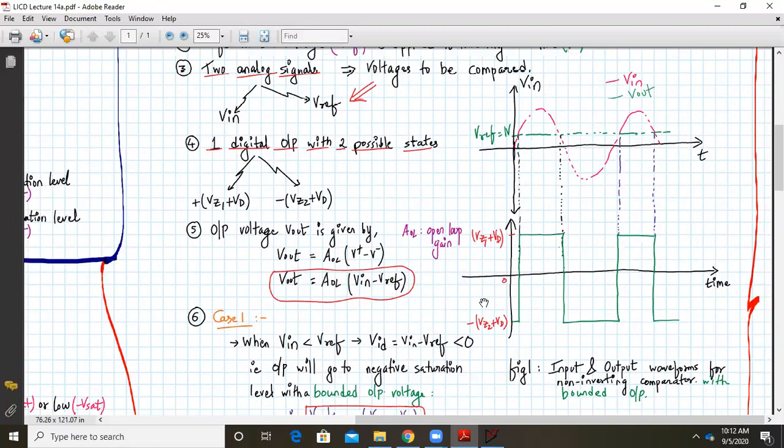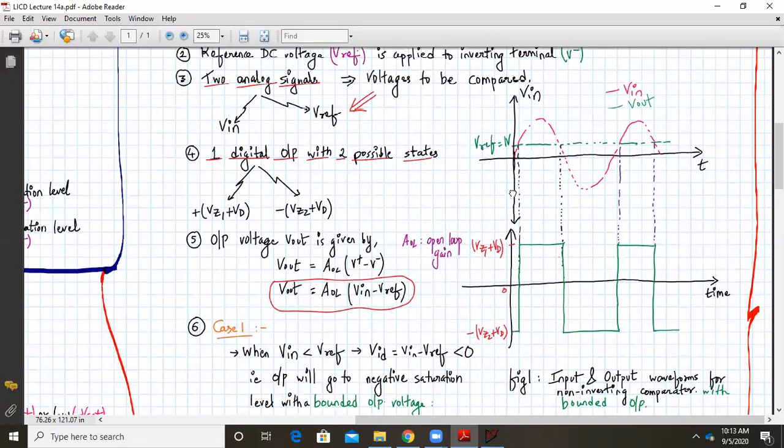So this is the negative voltage level, and this will happen when V in is less than V reference. For V in greater than V reference, VID will be positive, so the output will switch to positive saturation with a bounded limit. That positive voltage level is VZ1 plus VD. And the same continues for the next cycle also.